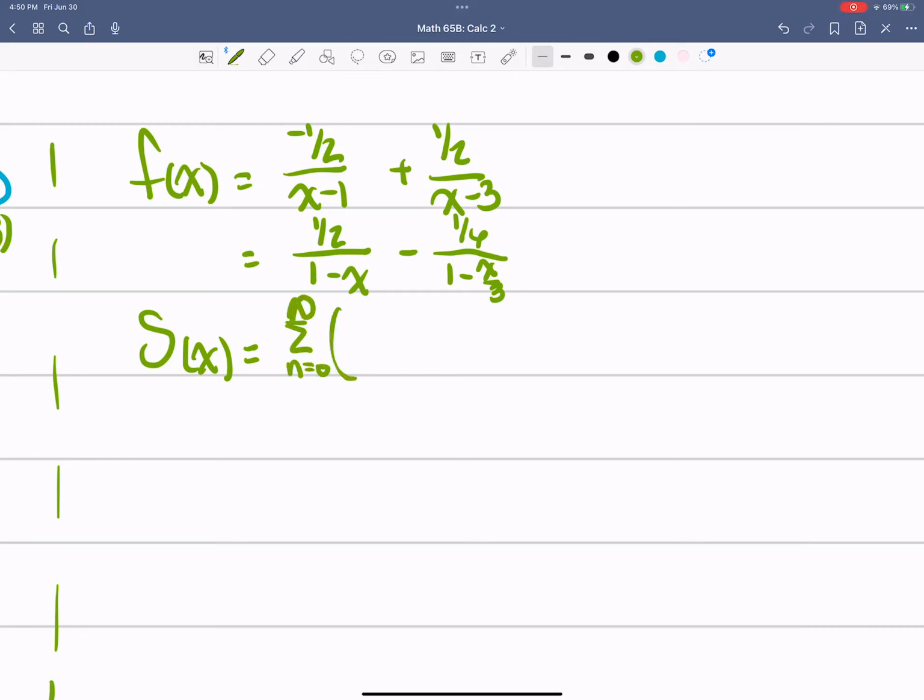So starting off with this fraction, our first term is 1 over 2, and here we just have x to the power n. Now looking at this one, we're subtracting this. This is going to be our first term, 1 over 6, times x over 3 to the power n.